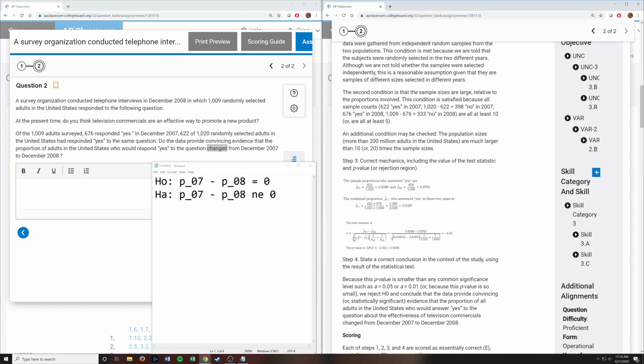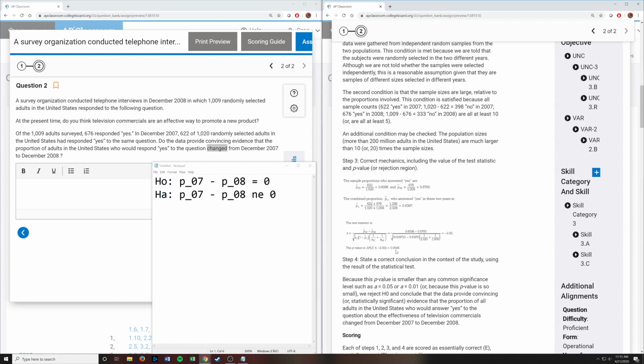And so your test statistic has this formula here, where that p hat c is this one here. So they show the steps for calculating that out, and they get negative 2.82 for z. And then they calculate the p-value as 0.0048.